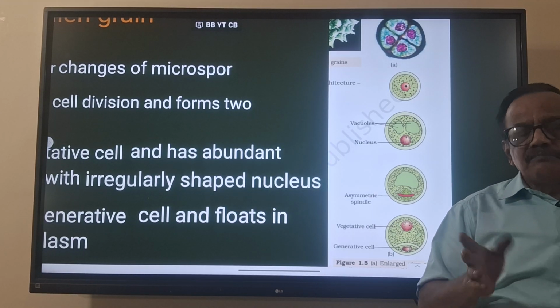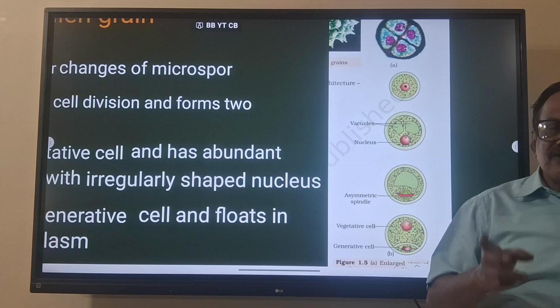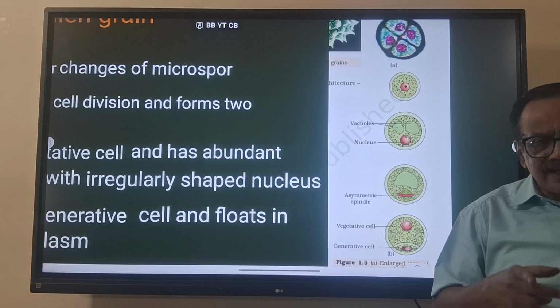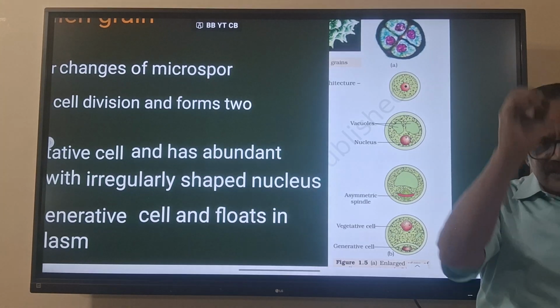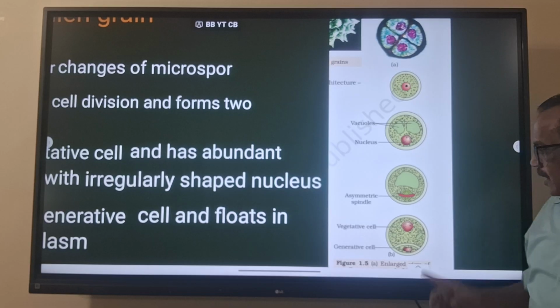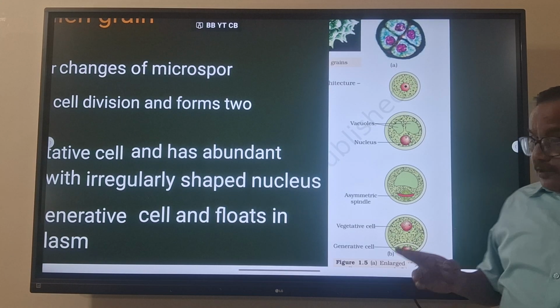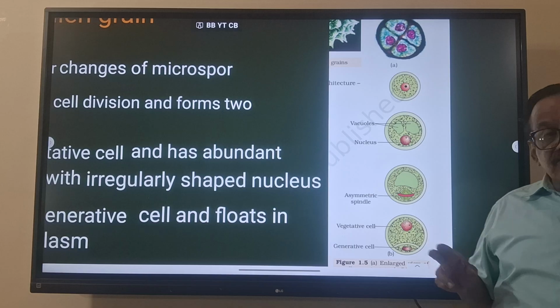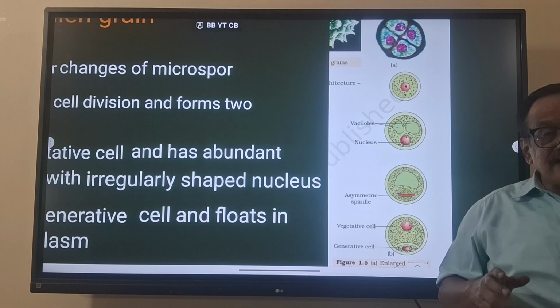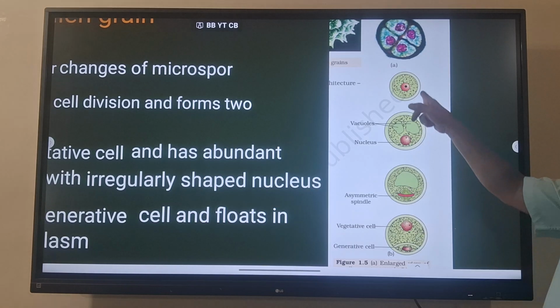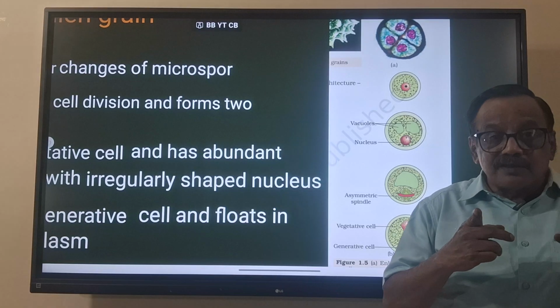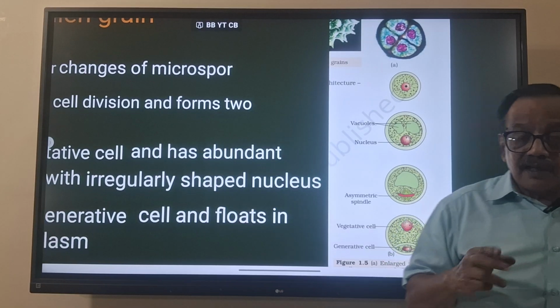Nucleus means circular, but it is irregular in shape. A large nucleus is present inside the vegetative cell. This is most important for NEET. But the generative cell nucleus and vegetative cell nucleus are both generated by the mitotic division of the spore only. Remember this point.